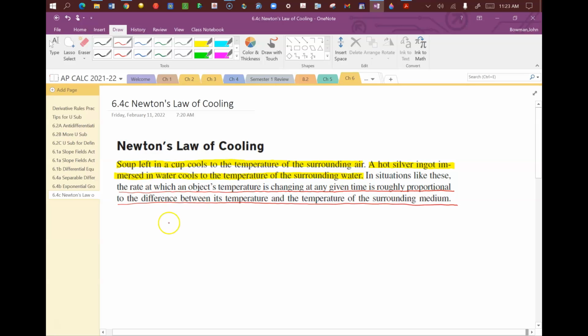So in a vein similar to dy/dt equals k times y, we're basically going to say the derivative, or the rate of change of the temperature minus the surrounding temperature with respect to time, is proportional to the difference between the temperature and the surrounding temperature.